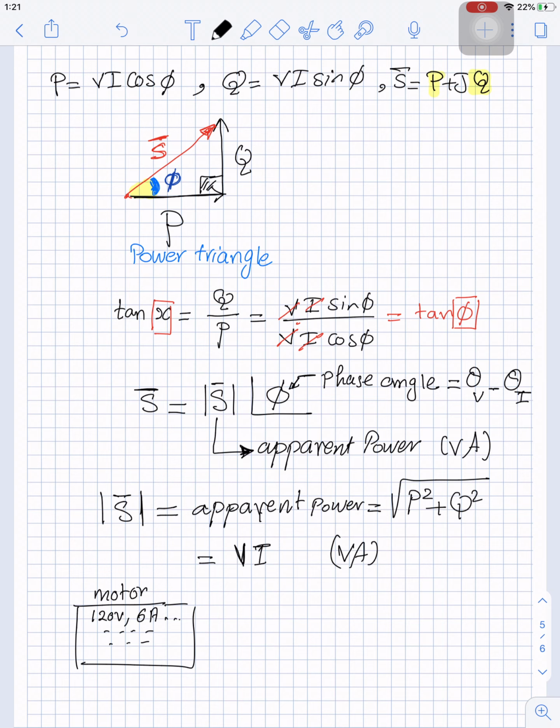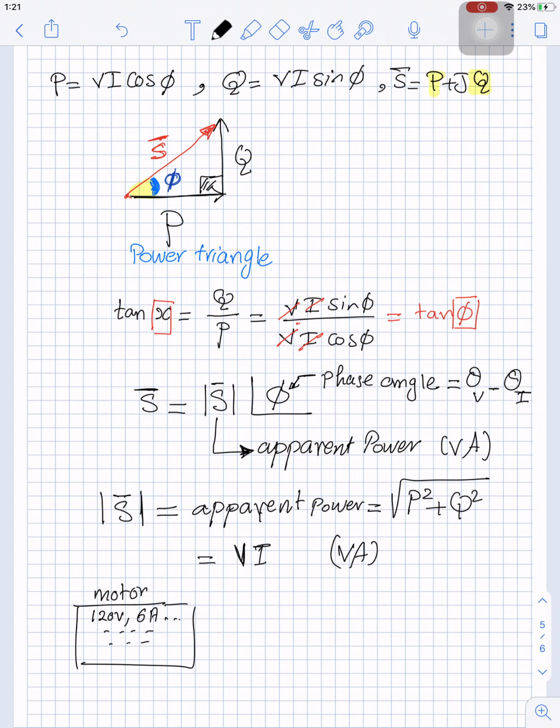On the nameplate of the motor it is written that this motor is 120 volt, 6 ampere, which means if you plugged this motor into 120 volt and loaded it to its rated load, it will draw 6 ampere.